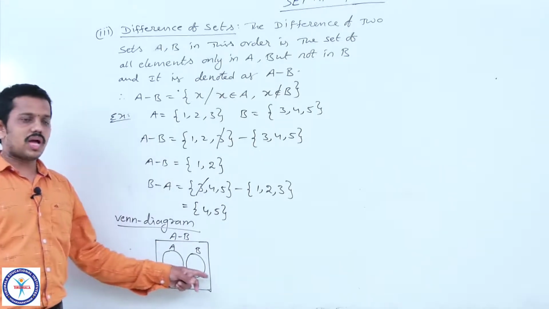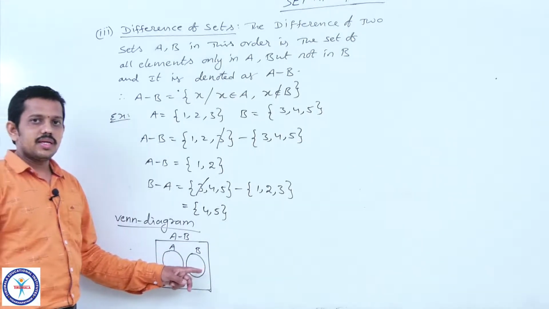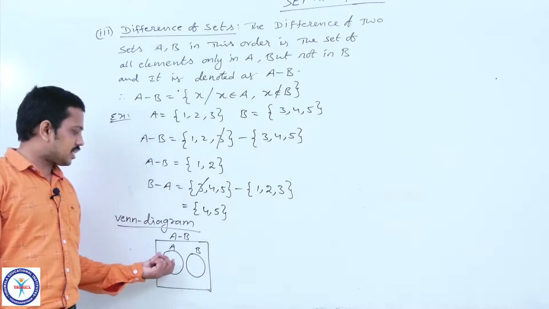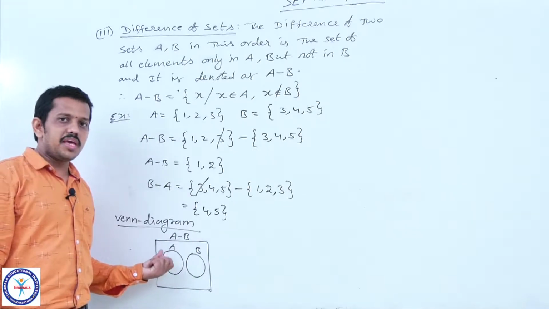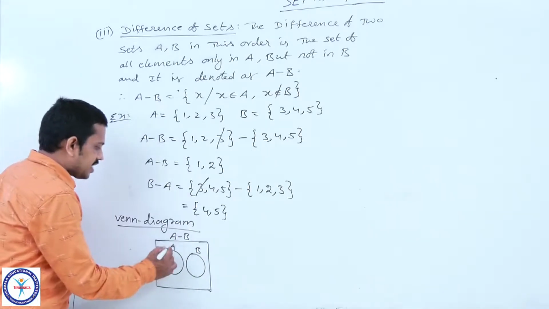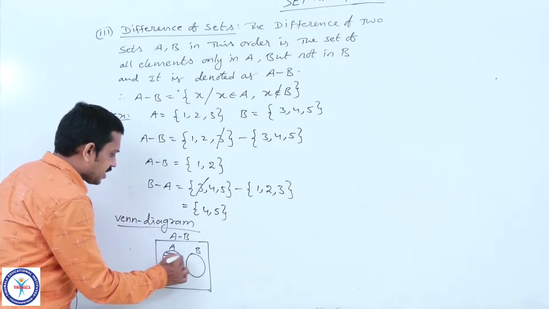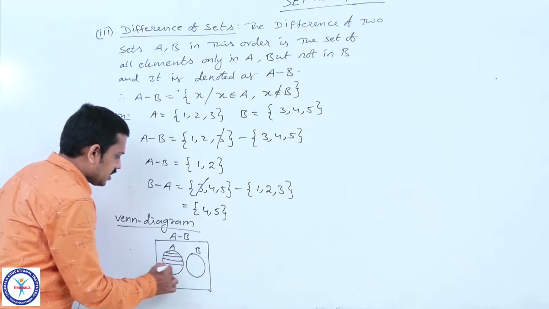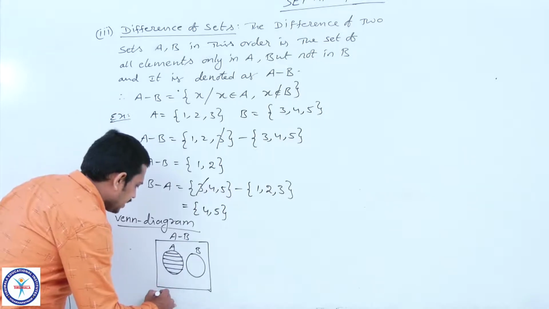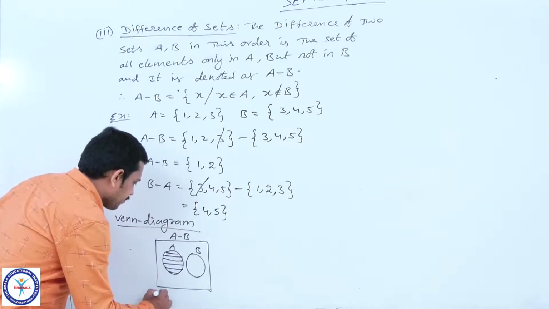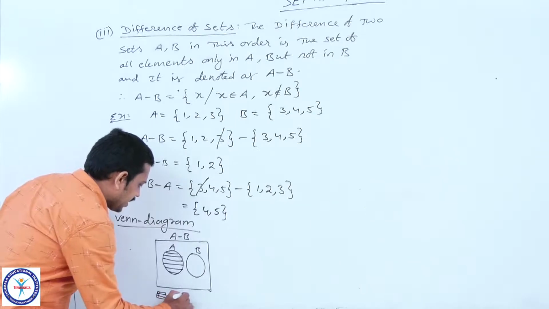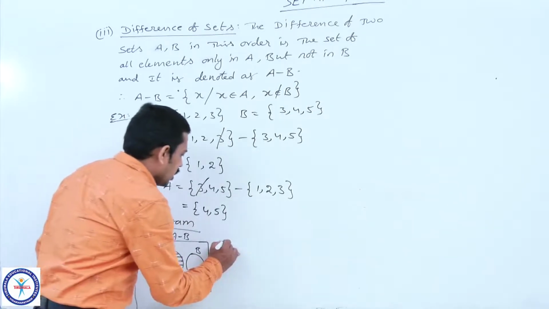If there are no common elements in A and B, then A minus B means the set of all elements only in A. So the set A itself will be the resulting set. So this shaded region represents A minus B.